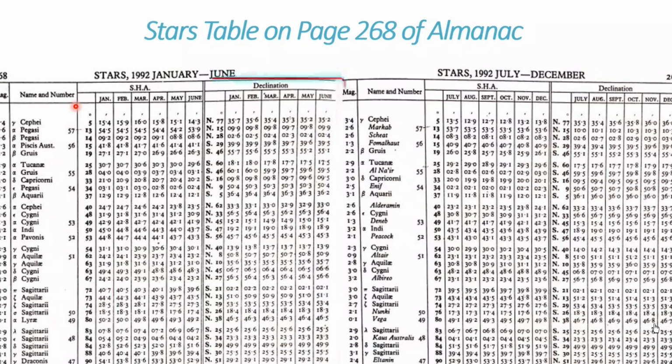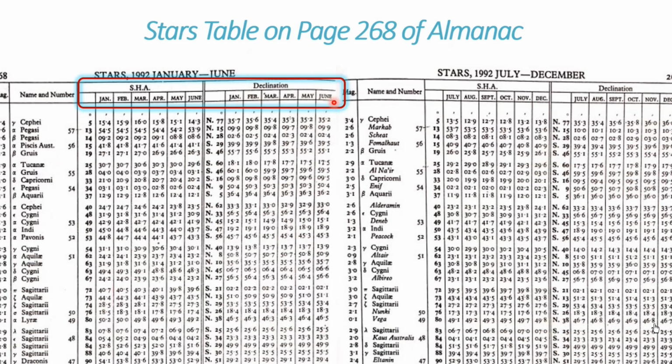After this, you see the next column of the table gives us the SHA and declination of the stars from January to June. For the first 6 months of the year, the SHA and declination is given on the left-hand side page. You have the SHA given first, later on followed by the declination of the star.